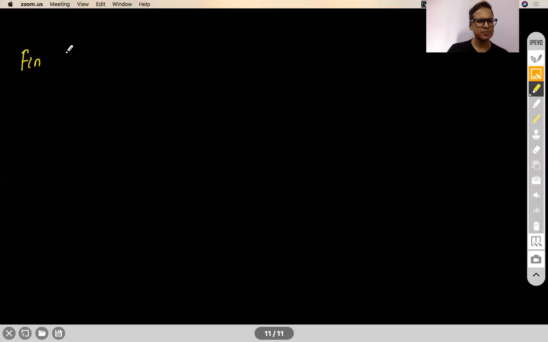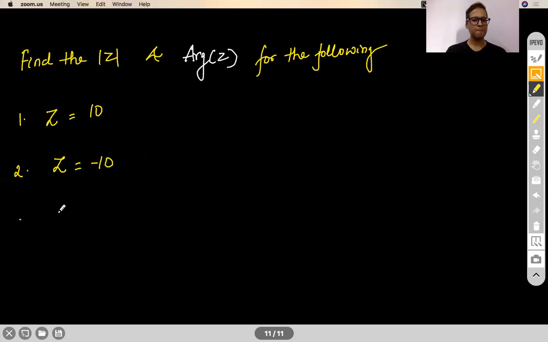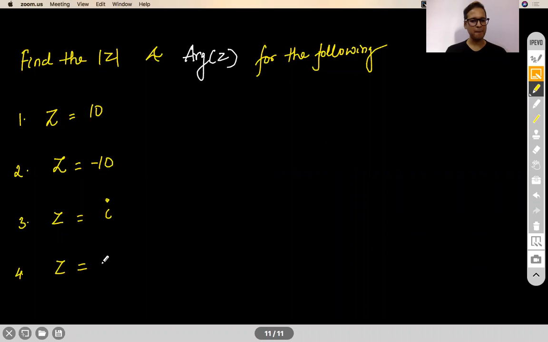Find the modulus and principal argument for the following. Let me start with, let's say, 10, minus 10, i, minus 3i.